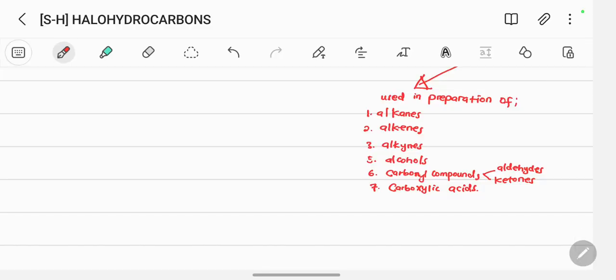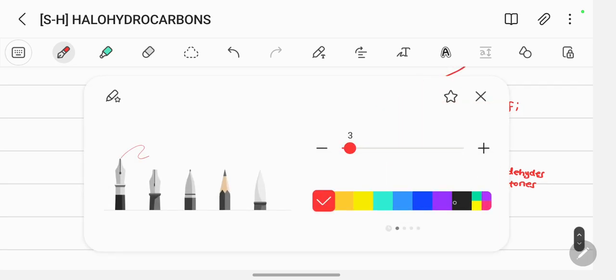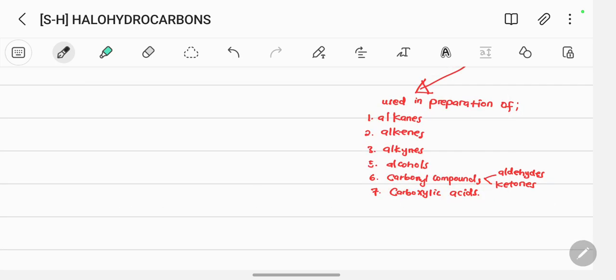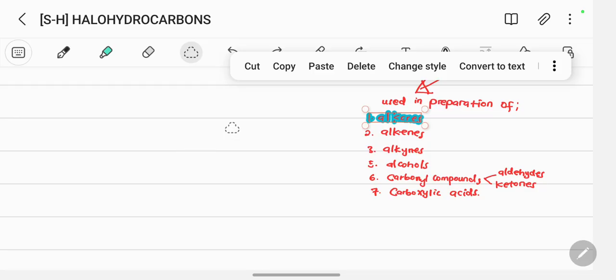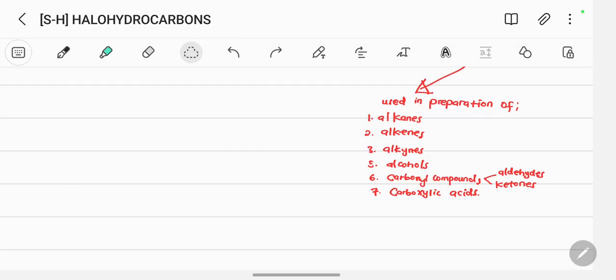I'm going to rush through it quickly. So preparation 1, which is preparation of alkanes.